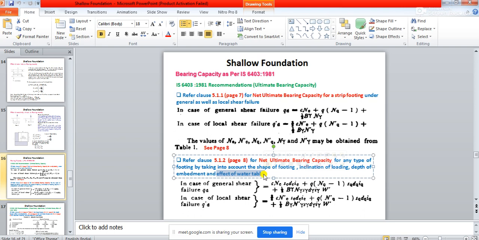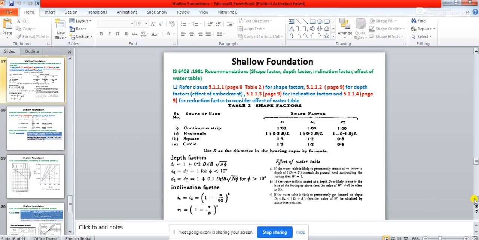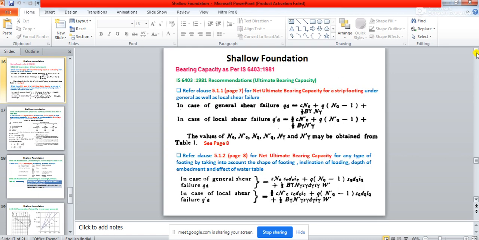This depth factor depends on the depth of embedment, that is, the depth at which the footing is placed, and on the width of the footing.